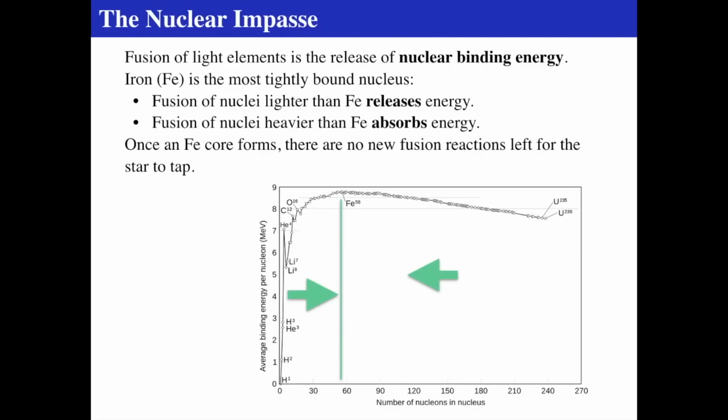There's a large amount of energy that's given off by fusing hydrogen to helium, but not as much from helium to carbon, and the step is even smaller from carbon to oxygen. In fact, if you look, you can see that as you go up and up to the peak at iron-56, each step is progressively smaller. You get less and less energy out of the reaction by combining carbon-12 with a helium nucleus to form oxygen-16.